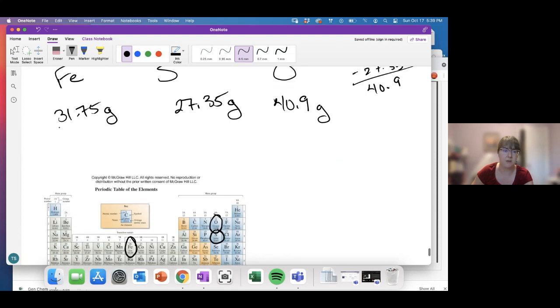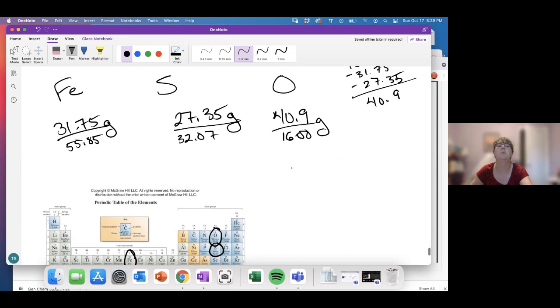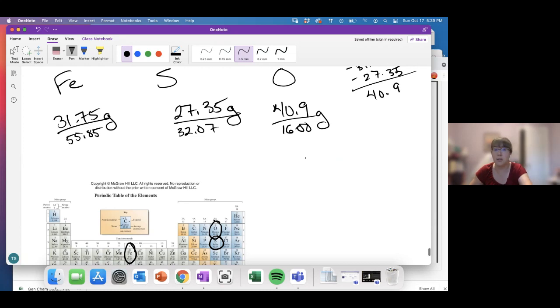So I'm going to take my iron and divide it by 55.85, my sulfur and divide it by 32.07, my oxygen and divide it by 16. When I do that, I'm going to have moles of all of them, which is what I wanted.